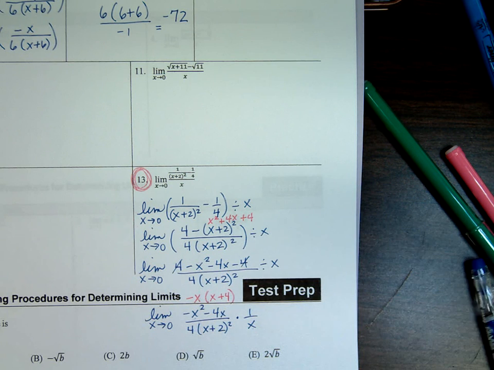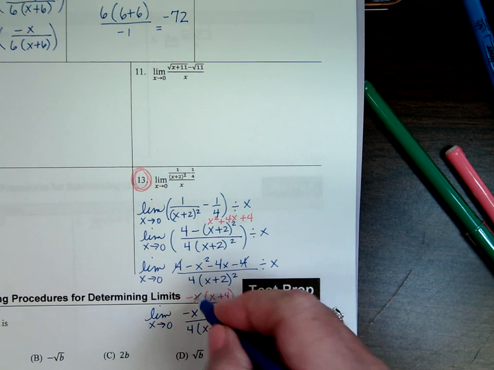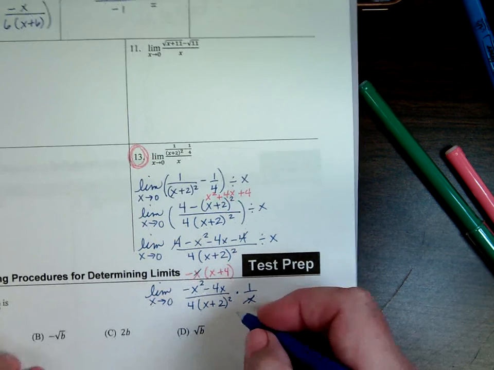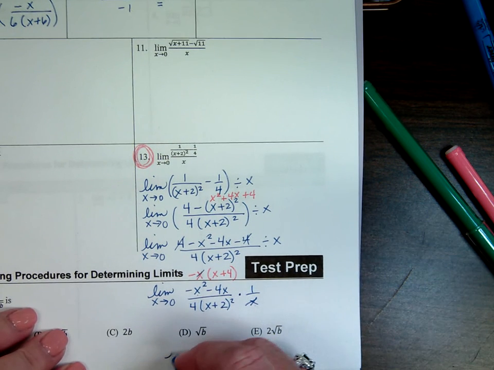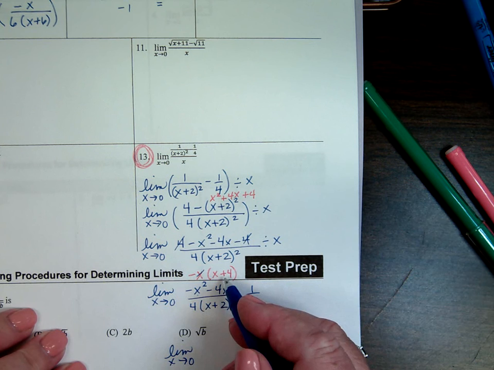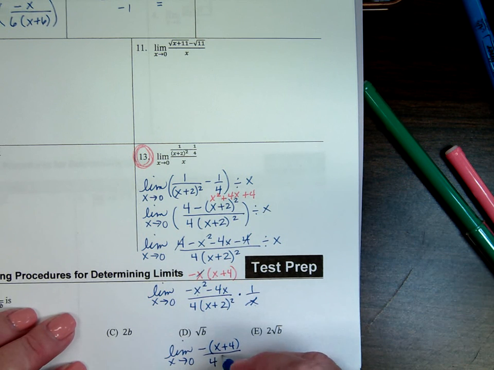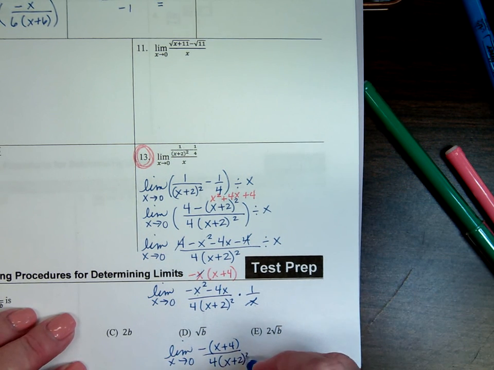Well, this negative x can cancel with this guy on the bottom, and that's going to finally give us, if we come way down here, the limit as x approaches 0 of a negative on the outside, x plus 4 on top, a 4, and an x plus 2 squared on the bottom.